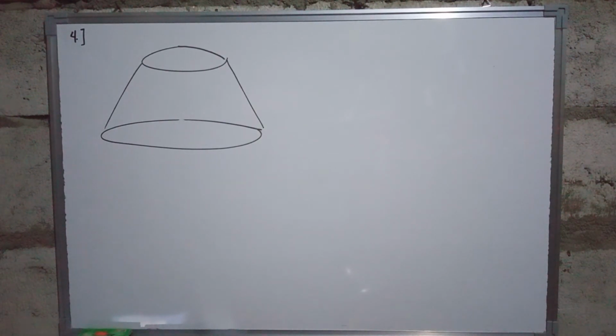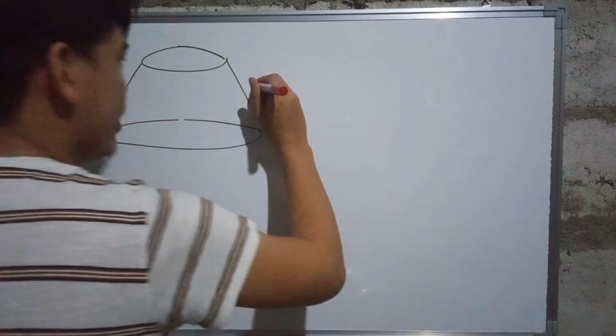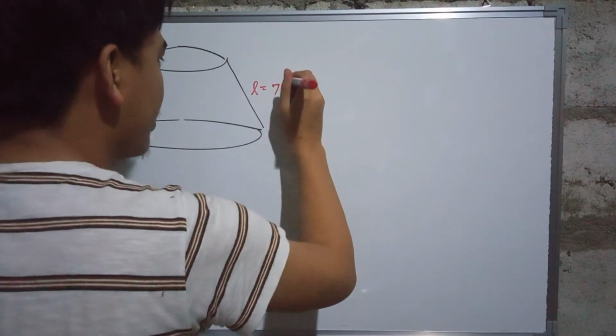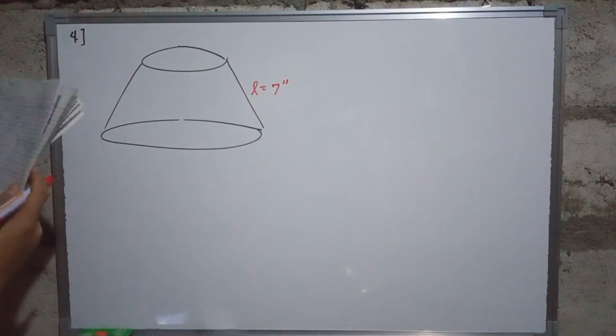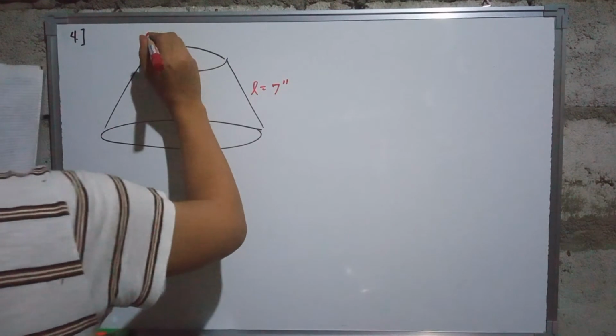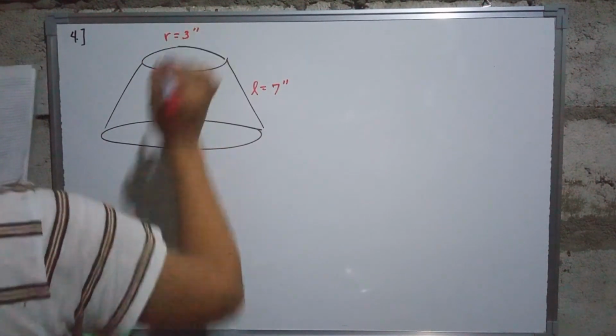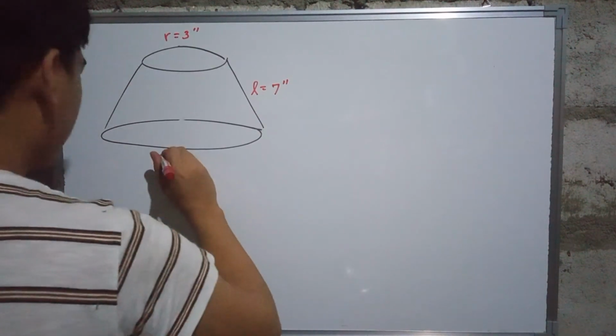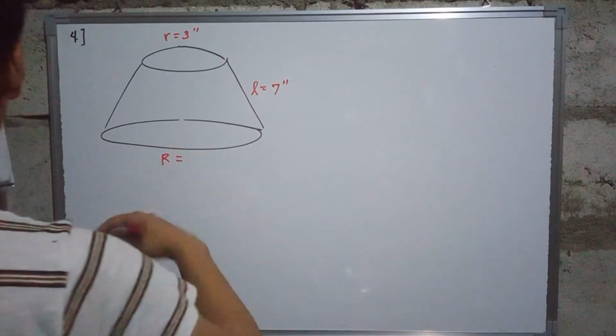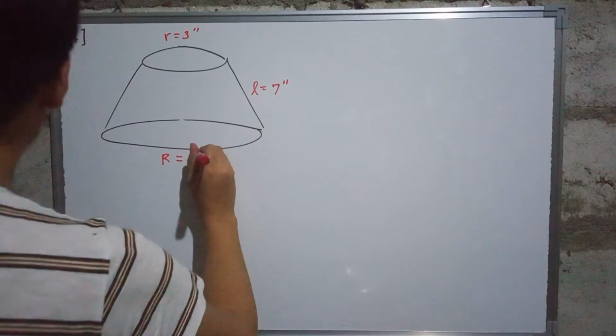So, gagawin natin is, dito sa problem natin, given yung slant height niya is equal siya sa 7 inches. And then yung mga radii niya, let's say dito is yung small r natin, is equal siya sa 3 inches. Doon sa baba naman, the big R, is 7 inches.